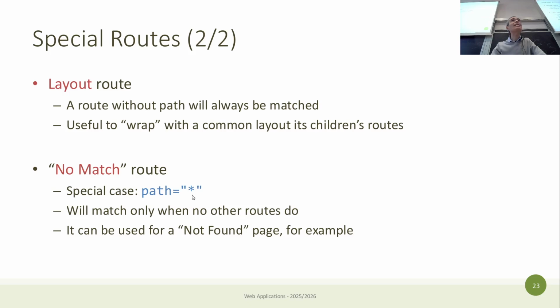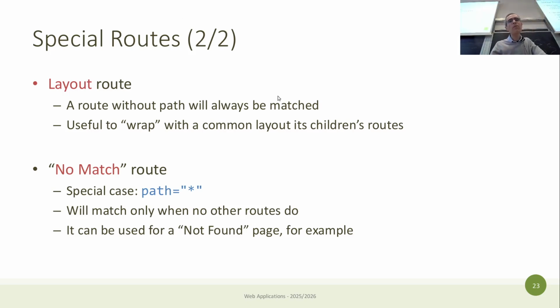Basically this is the least specific path you can write, and it will match only when no other routes do. It can be used, of course, to write a component like the not found component: I'm sorry, this page does not exist, please go back to the home or whatever. What you encounter in typical websites often.